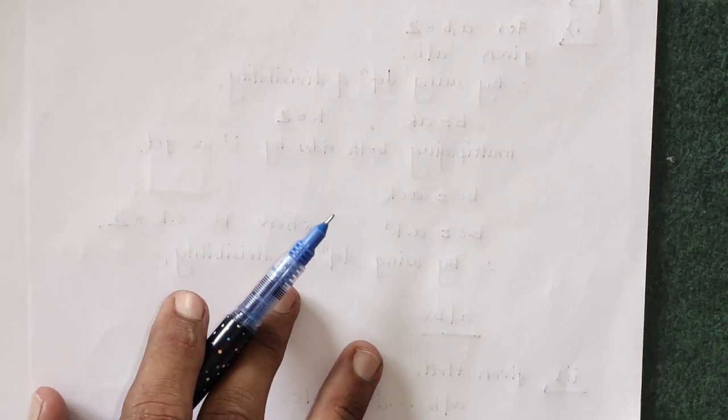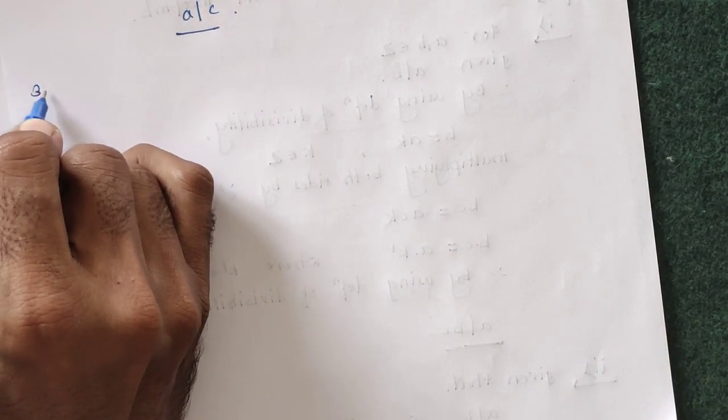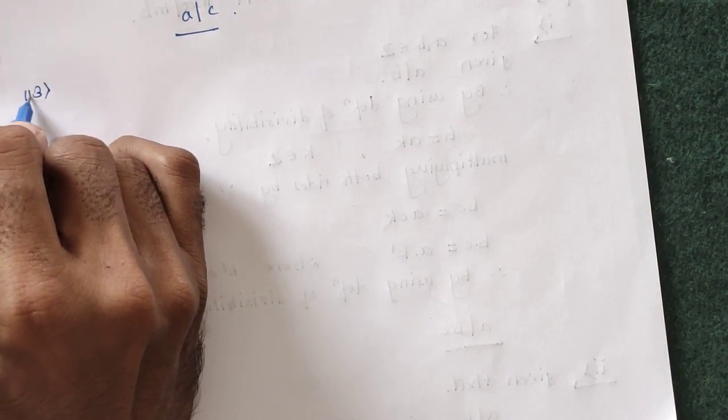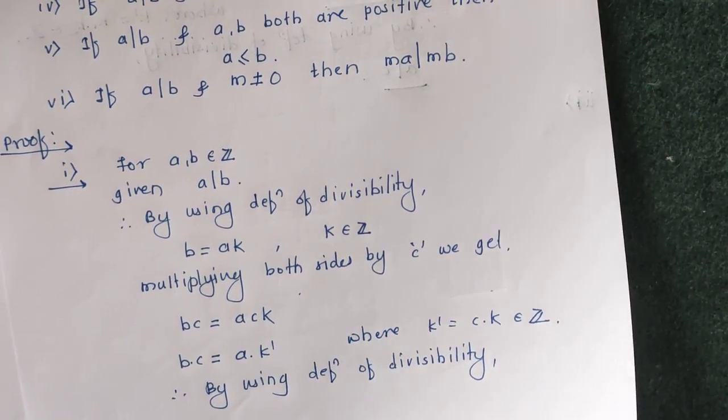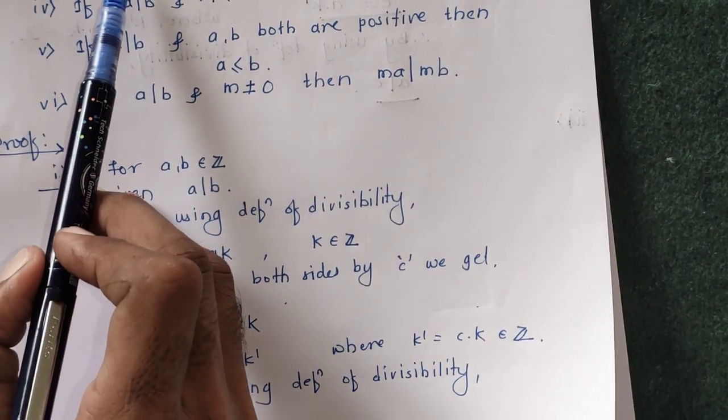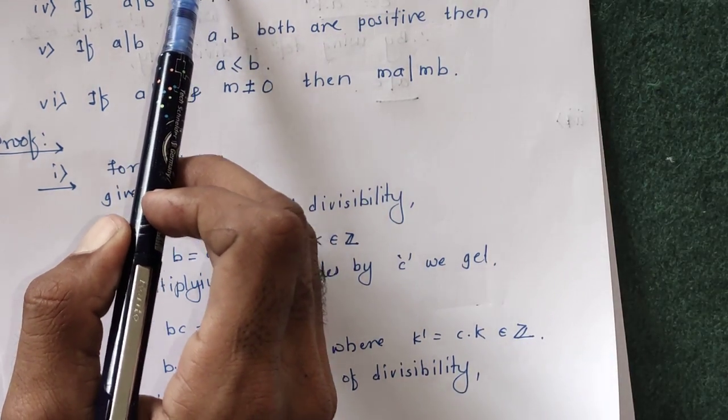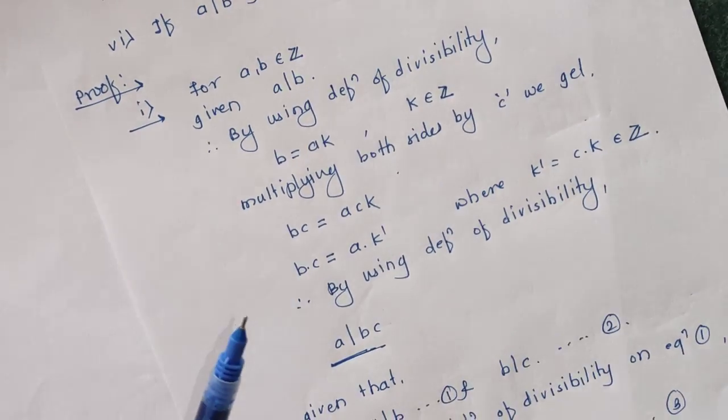Now, the proof of the third statement. The third statement is: if A divides B and A divides C, then A divides Bx plus Cy.